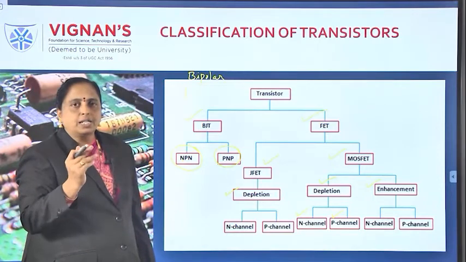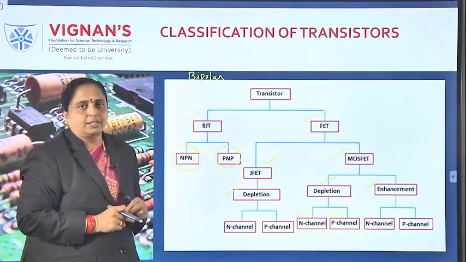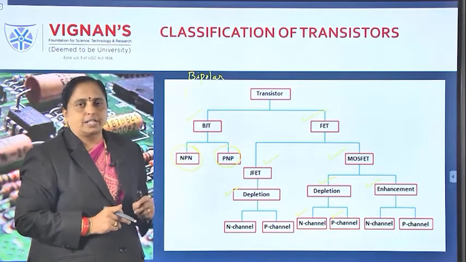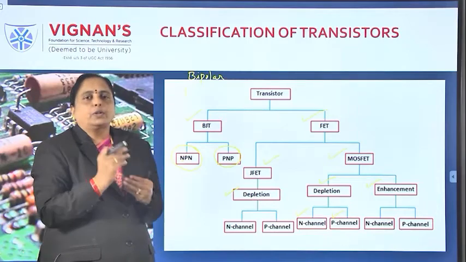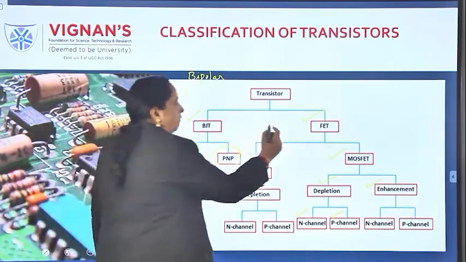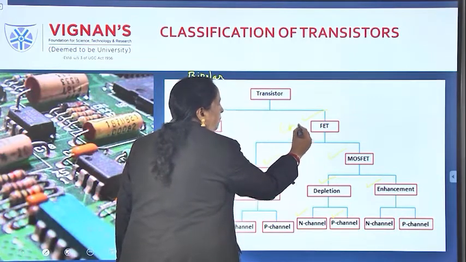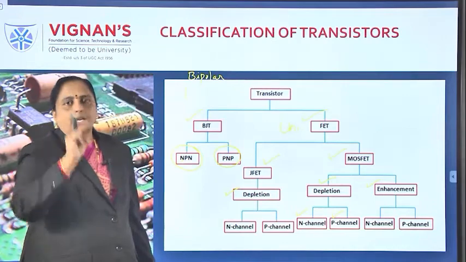It is a combination of movement of majority charge carriers. That's why we call this a bipolar junction transistor, because the current conduction is due to both holes and electrons, which are majority charge carriers. Whereas FET is known as a unipolar device. Uni means one type of carriers, either holes or electrons.